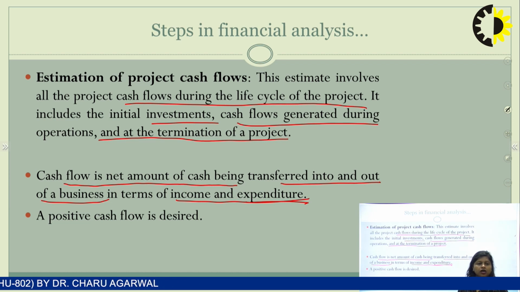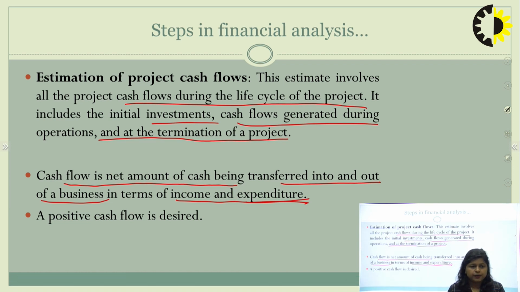If income is high and expenditure is low, the result is positive, so we have a positive cash flow.